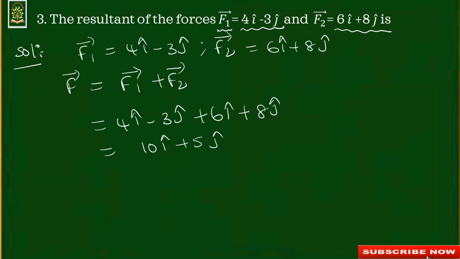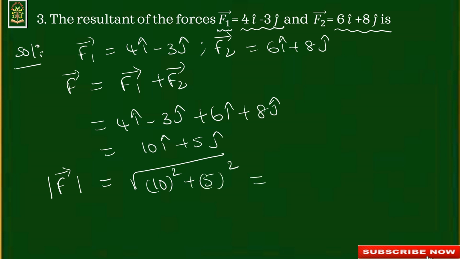Now we are finding the resultant of these two forces. Modulus of F bar is equal to square root of I component 10 whole square and J component 5 whole square. So that is equal to 100 plus 25. 10 square is 100, 5 square is 25.